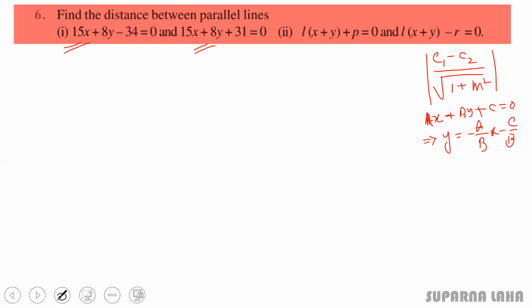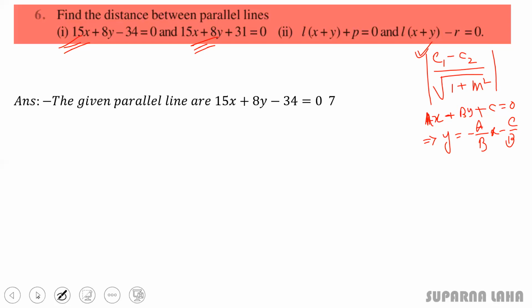So minus c by b is c1. Compare these two equations with the slope intercept form and write down the values of c1, c2 and m square. So here are these two equations.